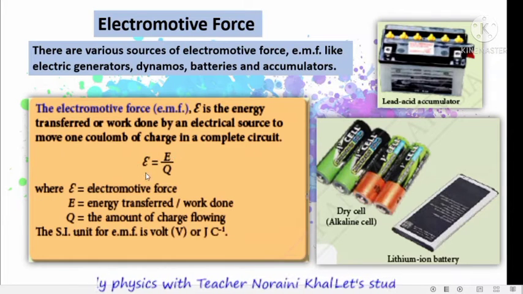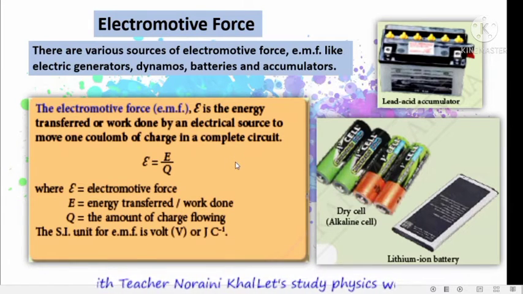I hope you still remember the potential difference formula, V equals to E divided by Q. By referring to the same formula, EMF can be defined using E divided by Q. E is energy transferred, Q is amount of charge flowing.